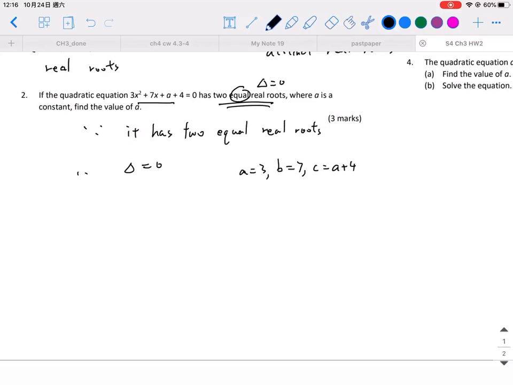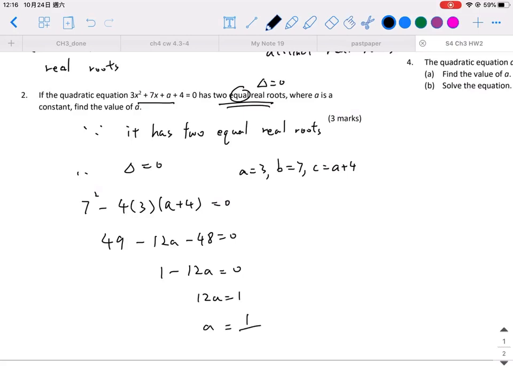So it should be 7 squared minus 4ac, which is equal to 0, and 49 minus 12a, and then minus 48 equal to 0, and you get 1 minus 12a equal to 0, and 12a equal to 1. A is 1 over 12.